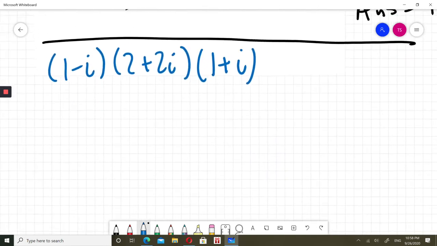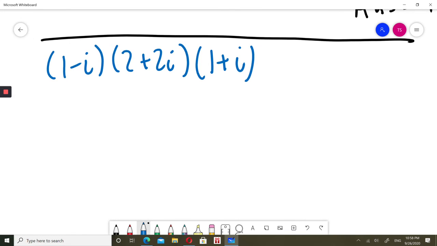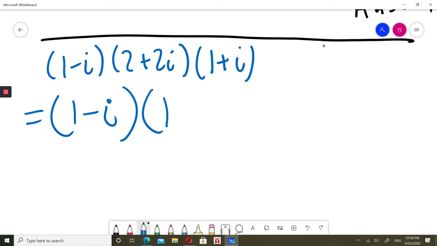Just to show you that we can do it in many different ways, I could notice that the first bracket and the third bracket are complex conjugates of each other. Multiplying, I can multiply things in any order I want. 2 times 3 is 6, and 3 times 2 is also 6. So when I multiply, I can just change positions, which I did in the first step.